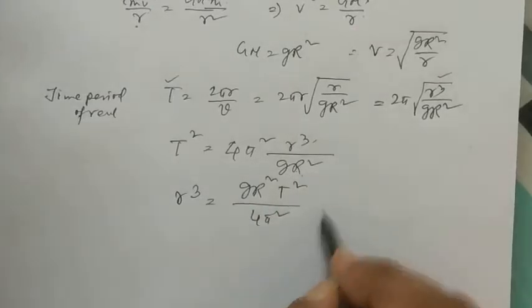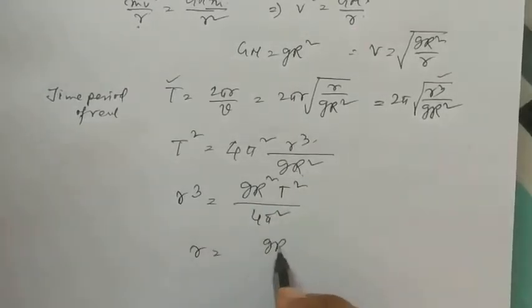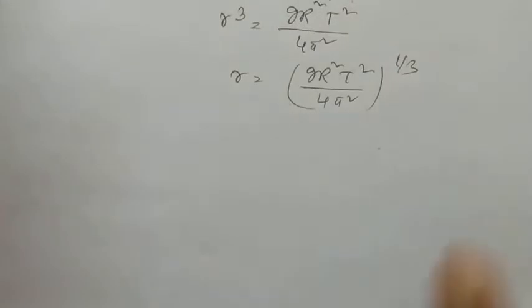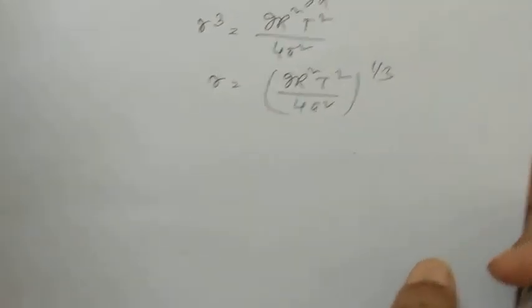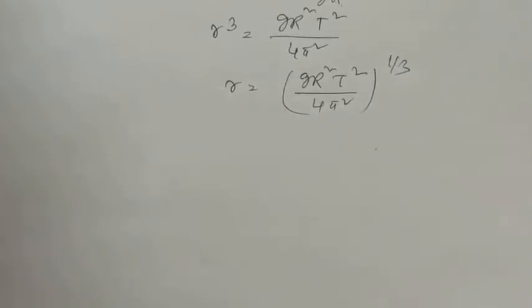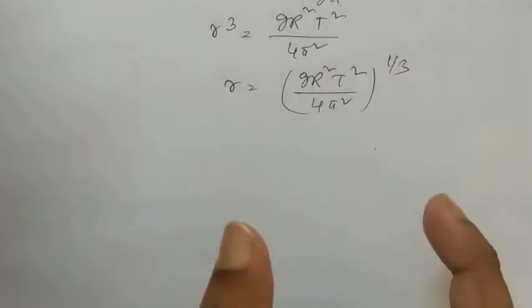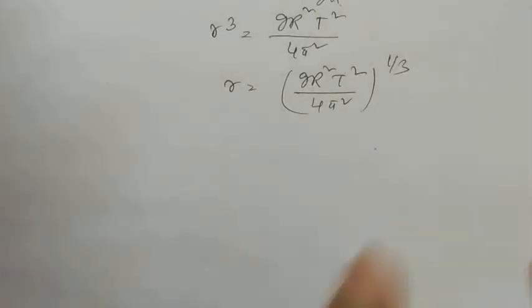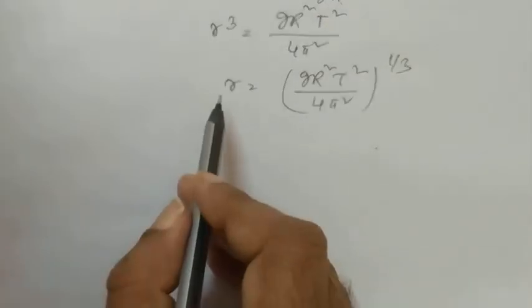Now the value of r is equal to gR square T square by 4 pi square to the power 1 by 3. Now we are trying to find the radius of orbit of the geostationary satellite from the center of the earth. Time and again I am repeating a single phrase, from the center of the earth. Calculating the distance of the satellite from the center of the earth, that is r.